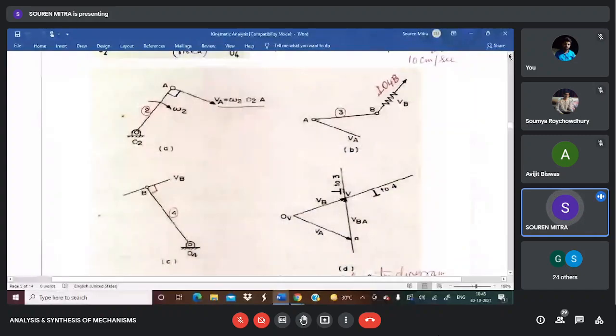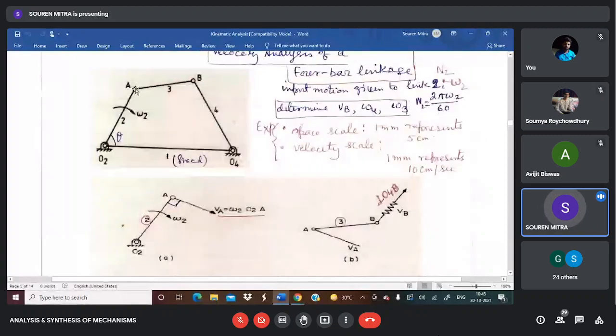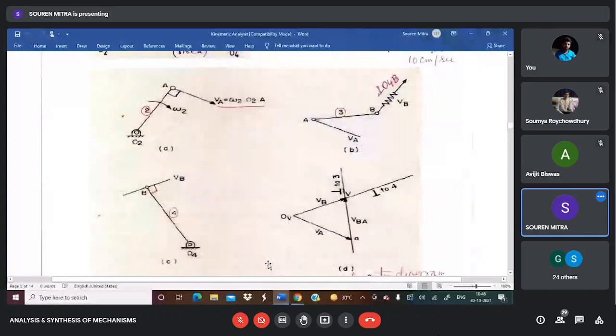Why do we need to draw this to scale? Because when you draw the directions of velocities, the velocity here has to be perpendicular to it. If you do not draw it to scale, the direction will be wrong. Similarly, the relative velocity between A and B has to be perpendicular to the link when we draw the velocity polygon, or velocity triangle in this case.